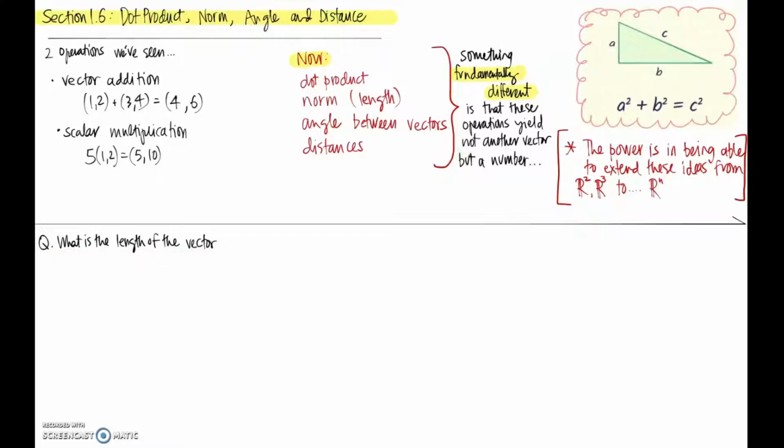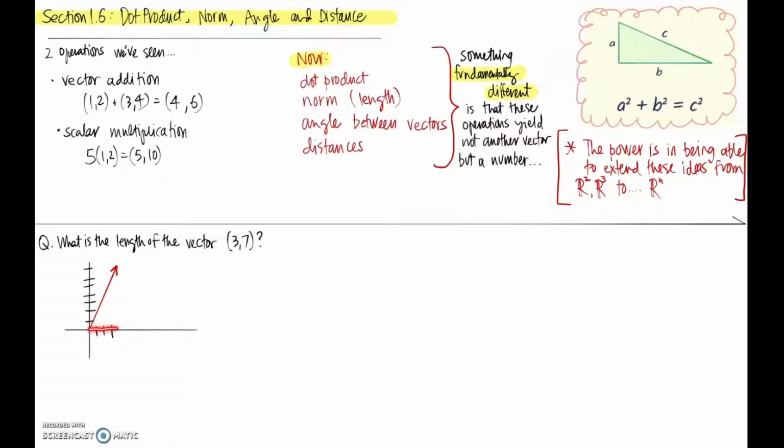What is the length of the vector, let's say, 3, 7? So we're in R2. Let's see, 1, 2, 3, 1, 2, 3, 4, 5, 6, 7. So somewhere about right here, we've got this vector, and I want to know what the length is. And like the olden days, we can just use the Pythagorean theorem to find this. This distance squared plus this distance squared will equal this distance squared.